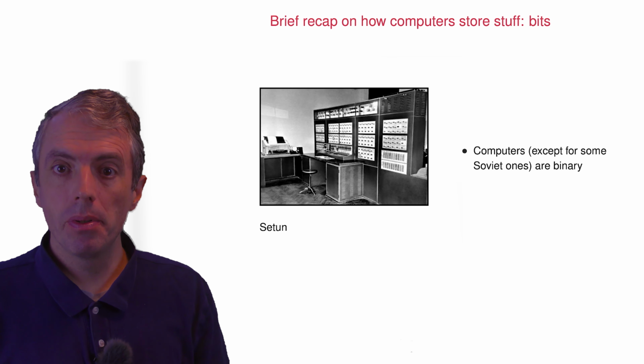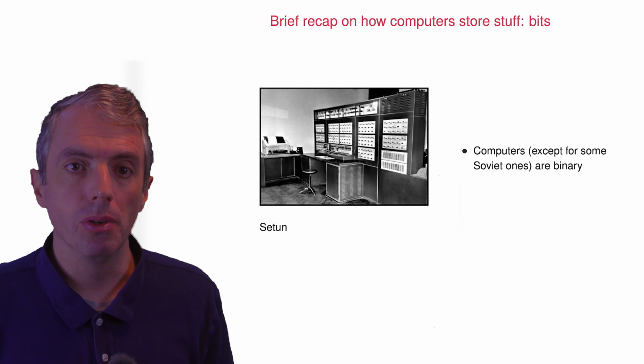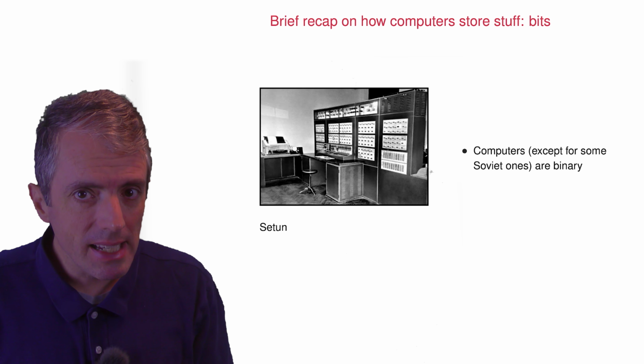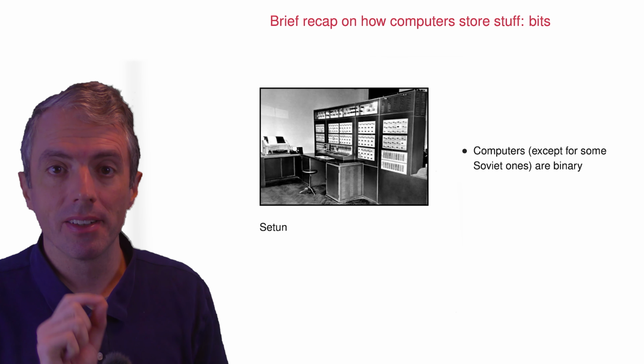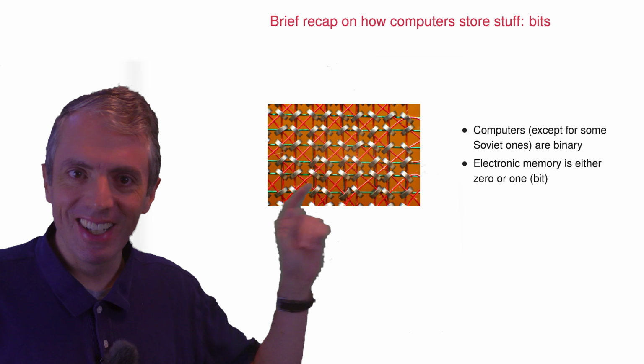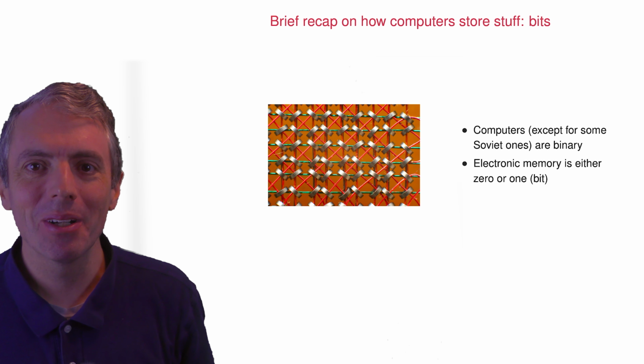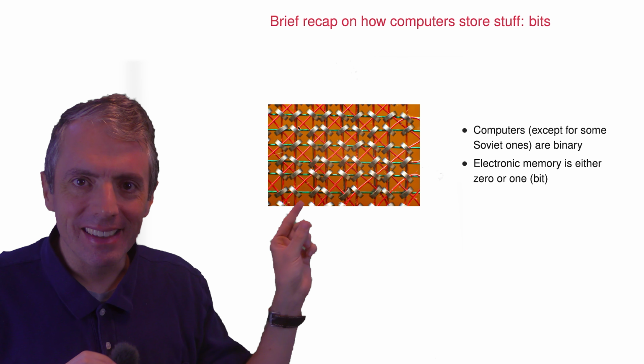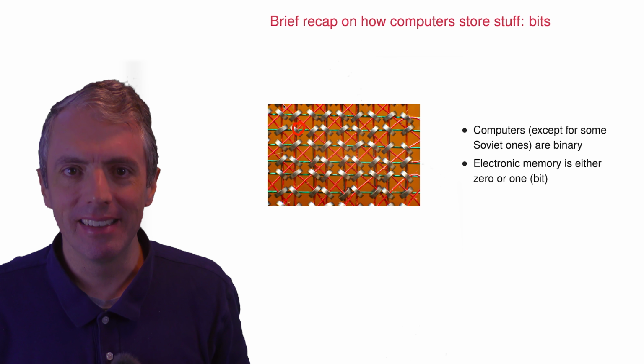First things first, computers use binary numbers to store information. That means that each piece of information is either a 0 or a 1, a bit. This is a picture of ancient core memory in a computer, where each of these little magnets has either a positive or negative magnetization.